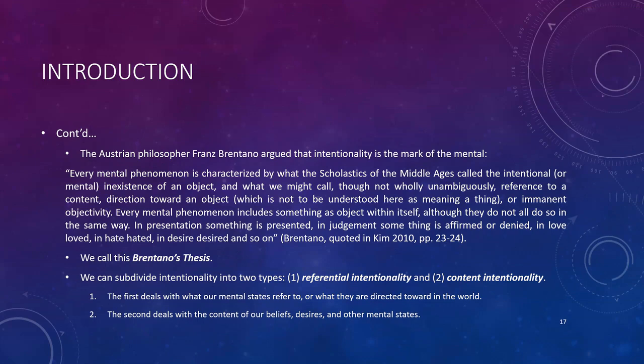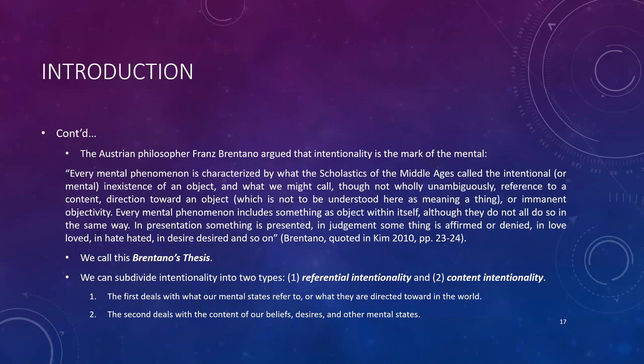He wrote, "Every mental phenomenon is characterized by what the scholastics of the Middle Ages called the intentional or mental inexistence of an object, and what we might call, though not wholly unambiguously, reference to a content, direction toward an object, which is not to be understood here as meaning a thing, or immanent objectivity.